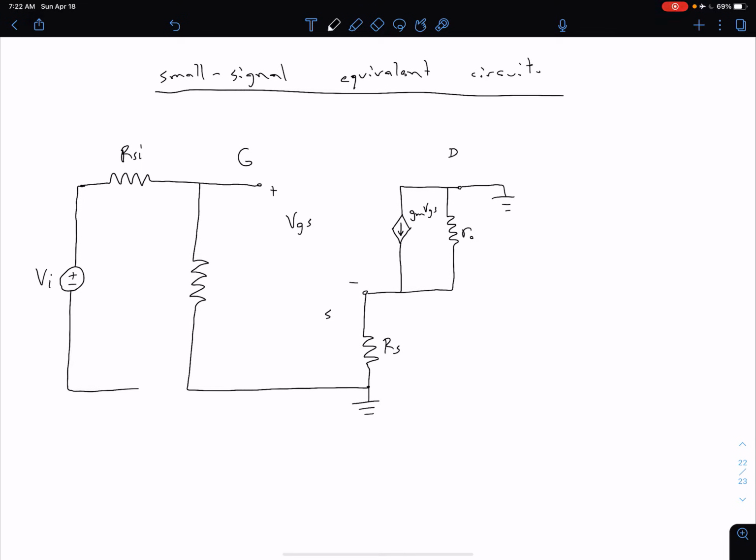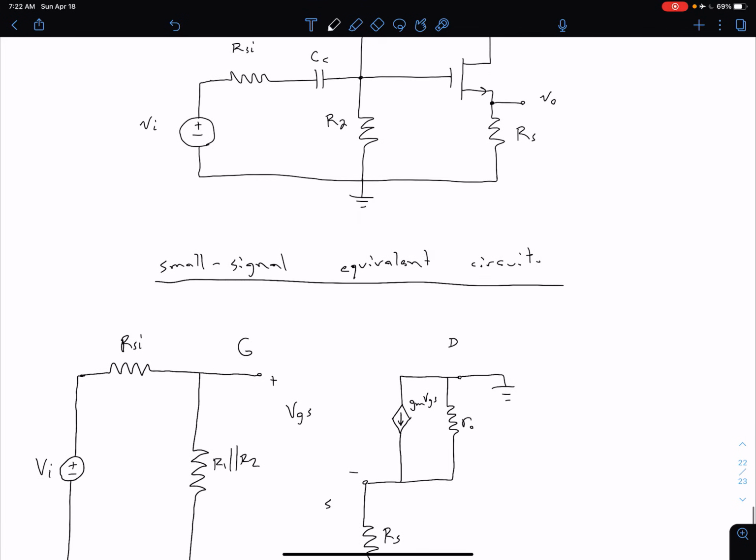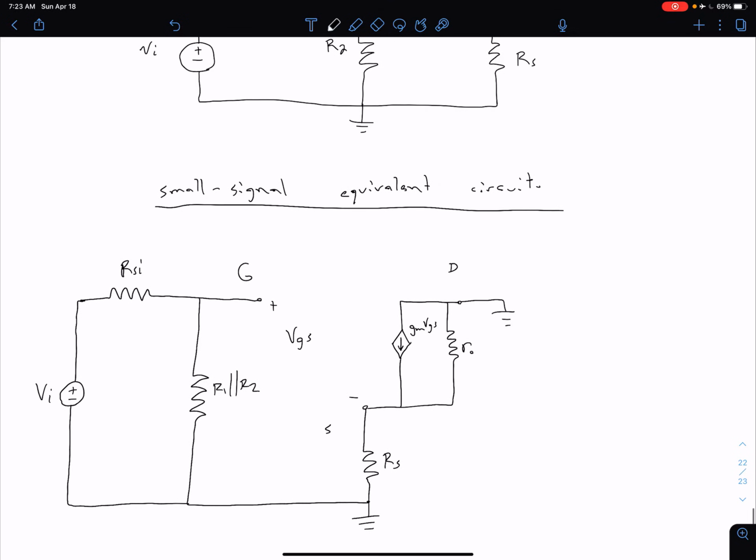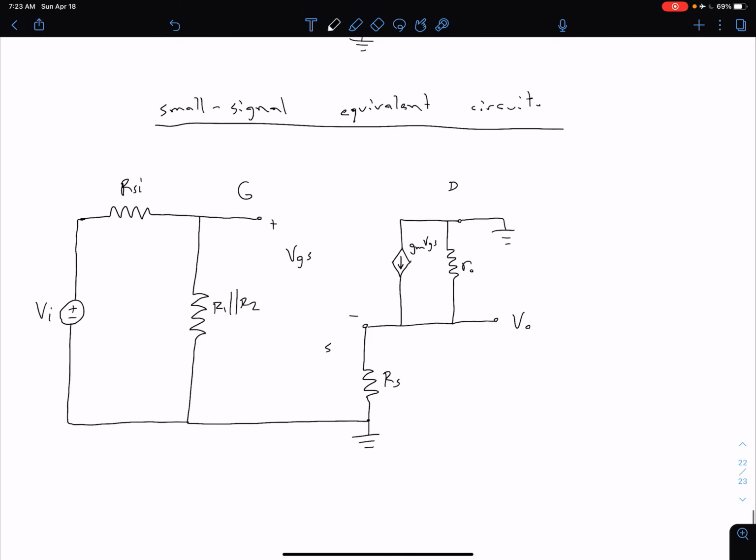Let's go ahead and connect that before I forget there. And this was our R1 parallel R2. And one more thing to add is our output. So we see our output is defined at our source. So this is our source voltage. So we could basically just say right here, between here and ground, this is our output voltage, Vout.